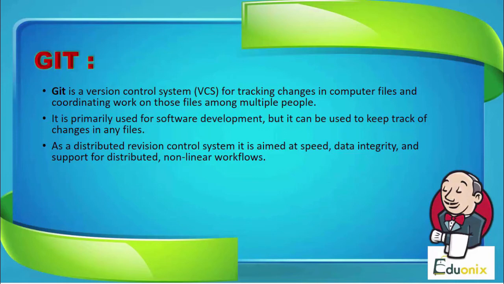Speed in accessing data and data integrity should be maintained, and again it supports distributed versions as well as non-linear workflow. Like one user is providing the data first, a third user is providing the second, and the in-between works are pending. That kind of non-linear workflow can also be maintained in your Git.